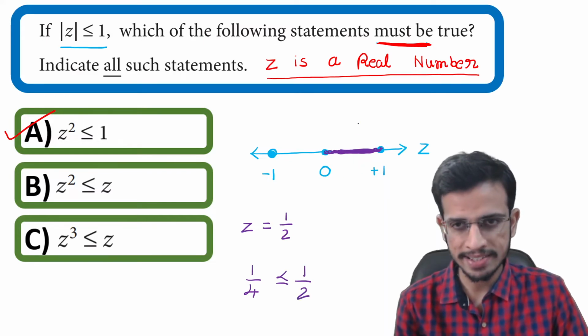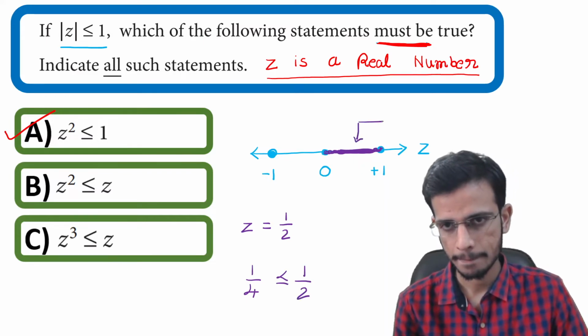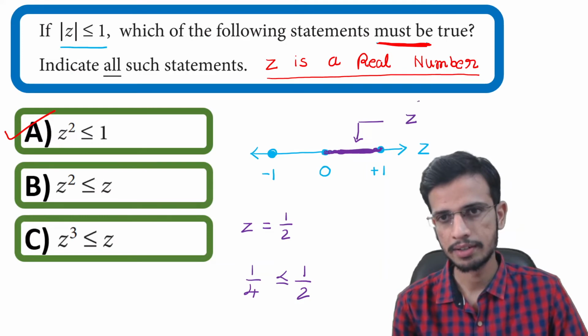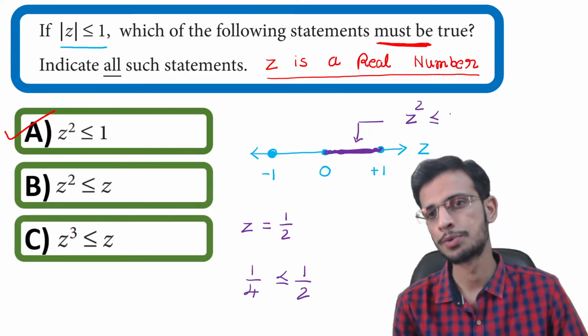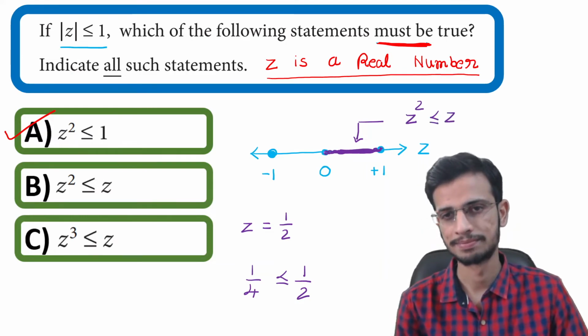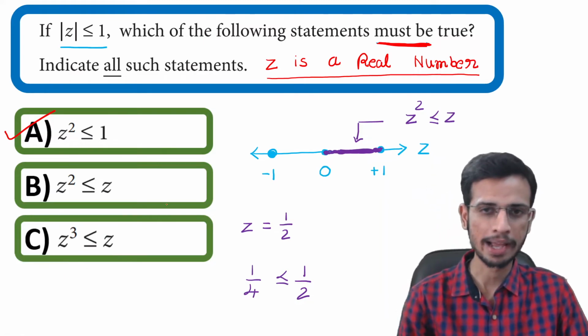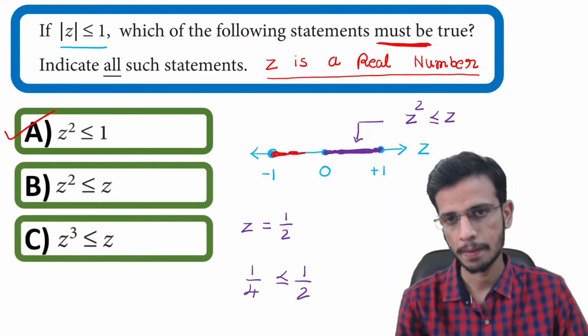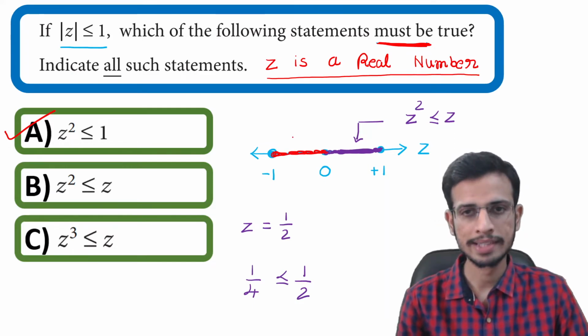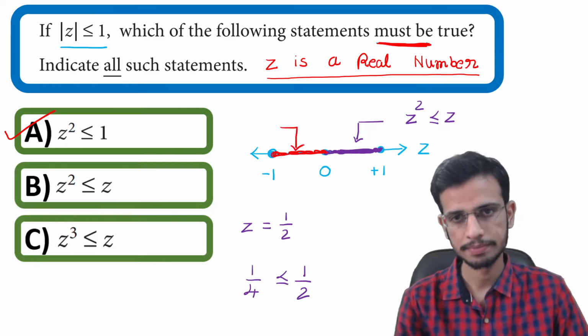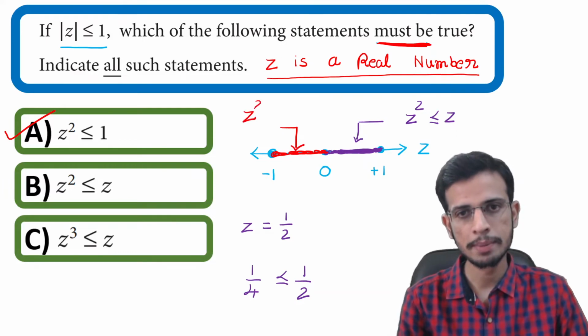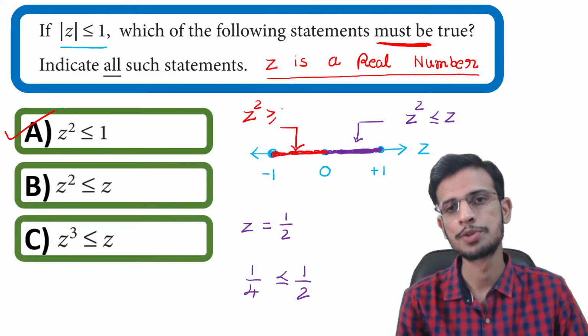So for this region, z square will be less than or equal to z. But for this region, which I am highlighting with red color, z square will be greater than or equal to z.